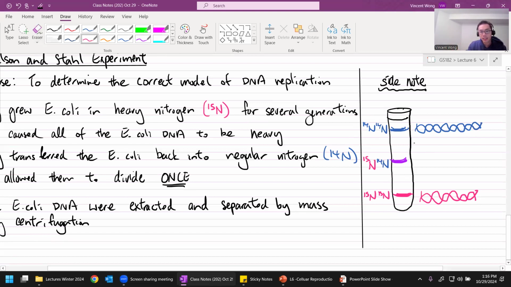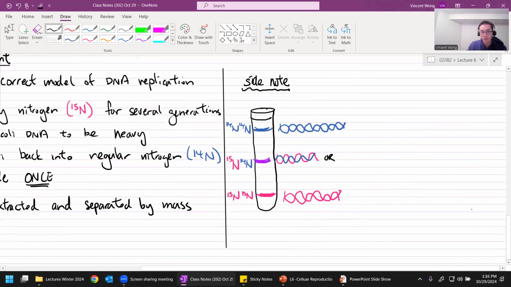Okay, so the DNA could look like this. Or it could look like this. It's actually hard for me to draw this next one, but it's the dispersive one. It's a bit of red and blue mixed together.